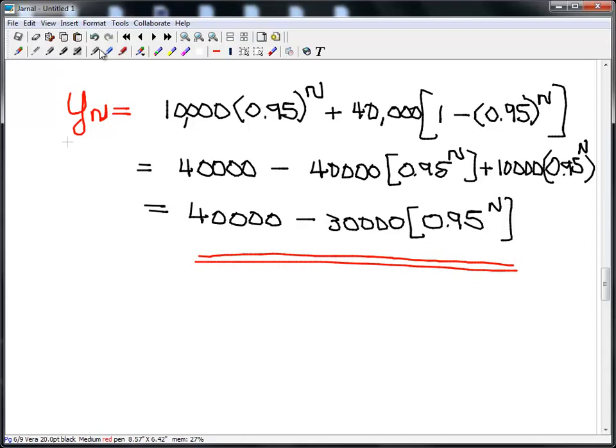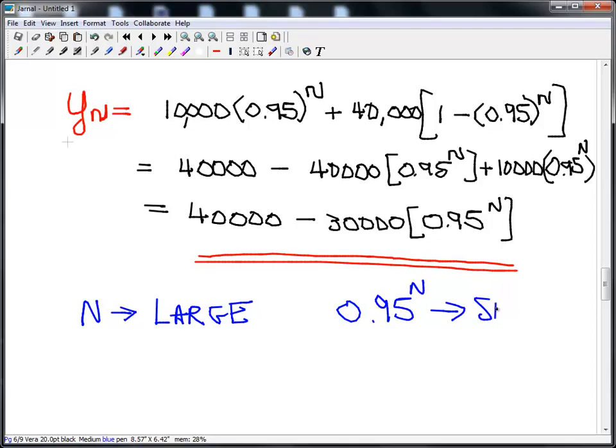Just as a remark, n is a large number. As n gets large, 0.95 to the power of n gets really, really small. And in fact, it goes to 0. So in the long run, as n gets larger and larger, 0.95 to the power of n becomes 0.